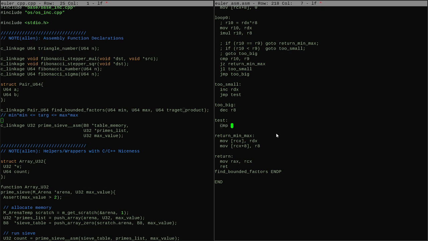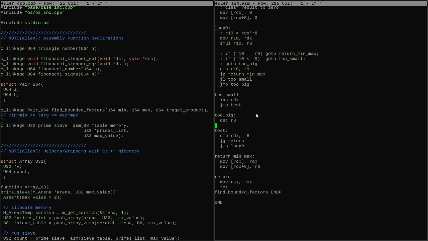Compare RDX to R8. If RDX is greater than R8, then jump straight to return, otherwise jump to loop 0, right? So what we're saying here is we look at RDX and R8 again.